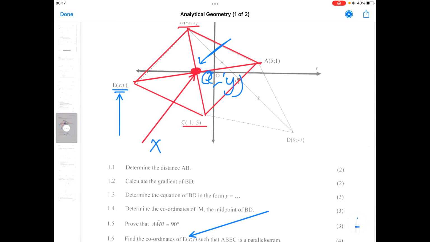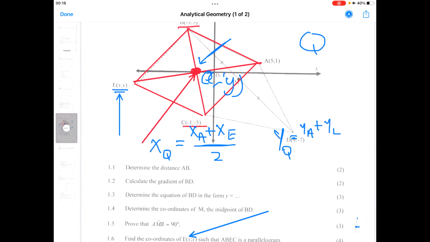Let's call it point Q. So the middle point Q, its x value, you're going to say it's x at A plus x at E, divided by 2. You do the same for y at Q: y at A plus y at E.